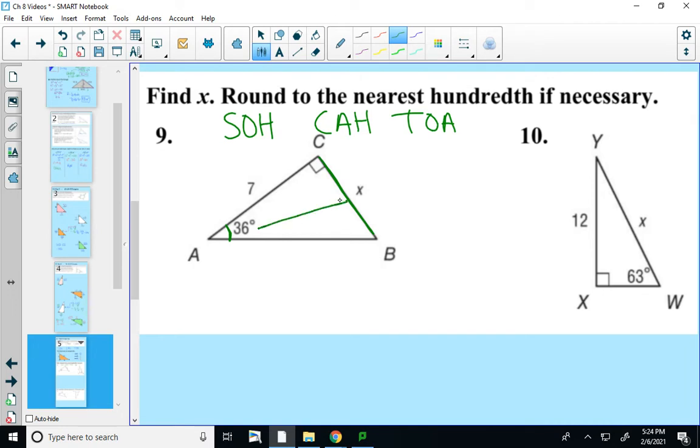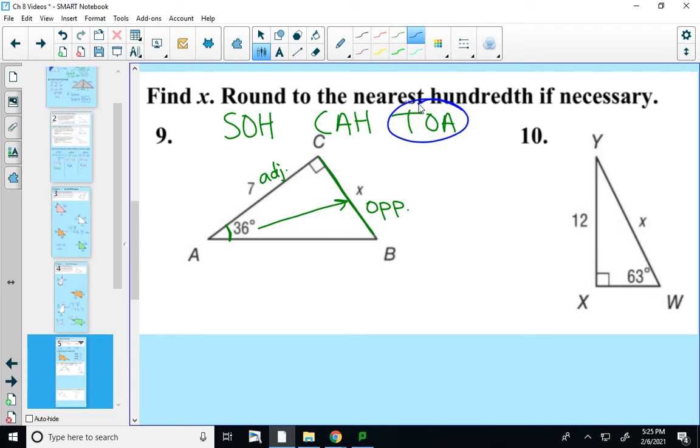Well, that's directly across from my 36-degree angle. So that would be an opposite side. And then the other side I have is the one next to angle A that's not the hypotenuse. So that would be the adjacent side. So I need a trig ratio that will tell me about opposite and adjacent. That one's going to be tangent.